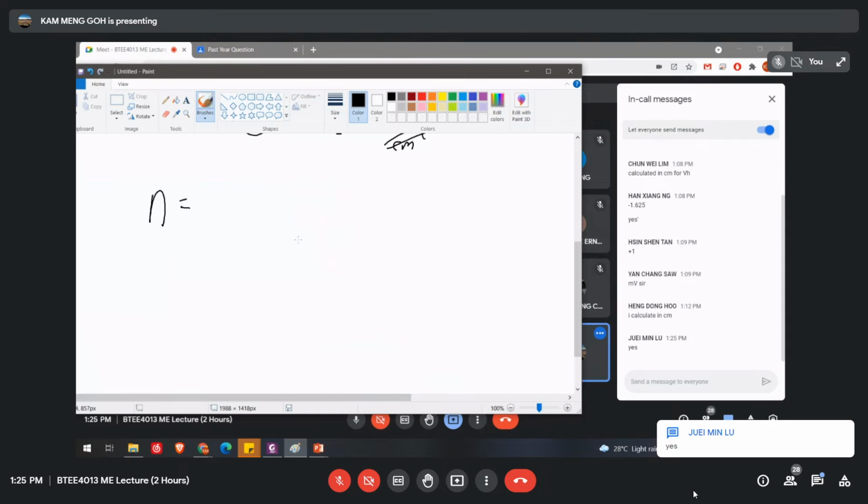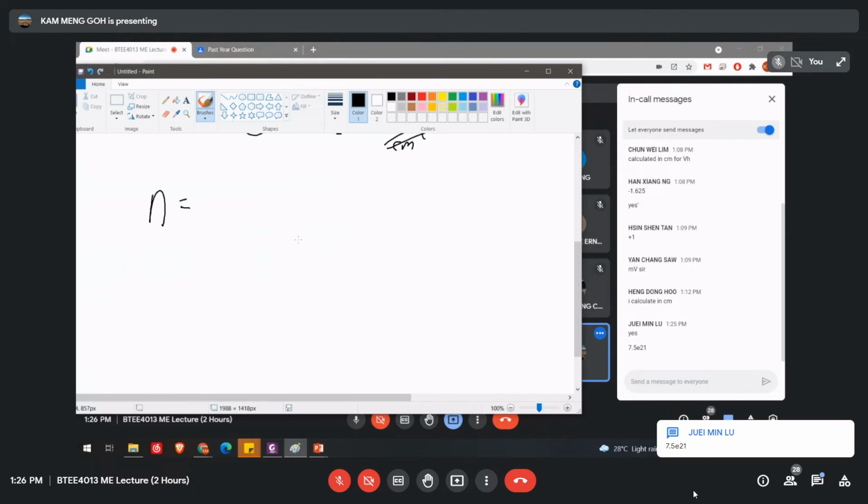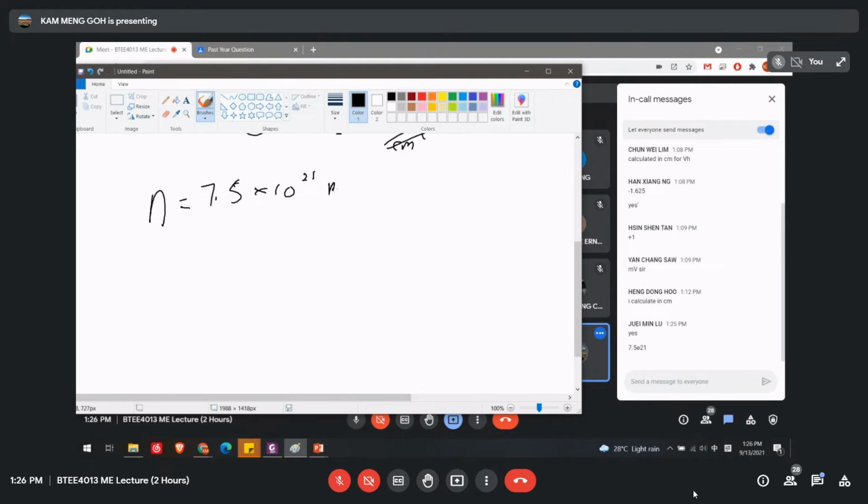What's the answer? 7.5 times 10 to the power of 21. So I guess this one is in meter to the minus 3. After that, you may convert it back to cm to the minus 3, which is about 10 to the 15 cm to the minus 3.